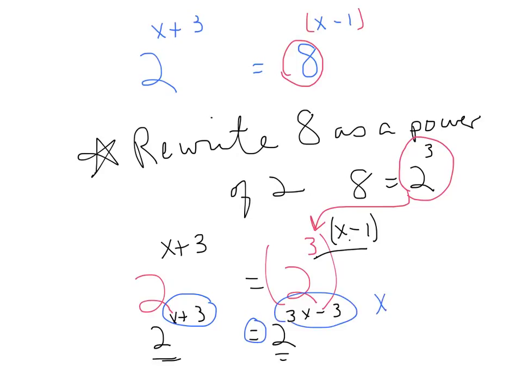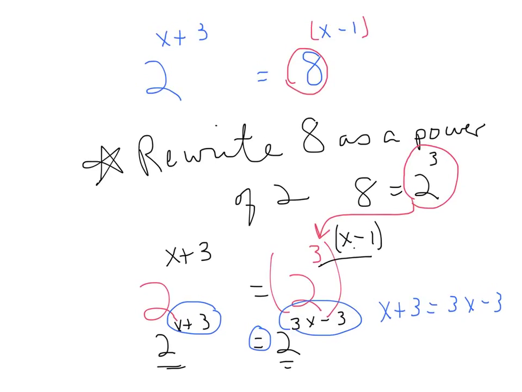So what I can tell you is that x plus 3 is equal to 3x minus 3. And if I continue to solve, I will subtract x from both sides and add 3 to both sides. And I will end up with 6 equals 2x.